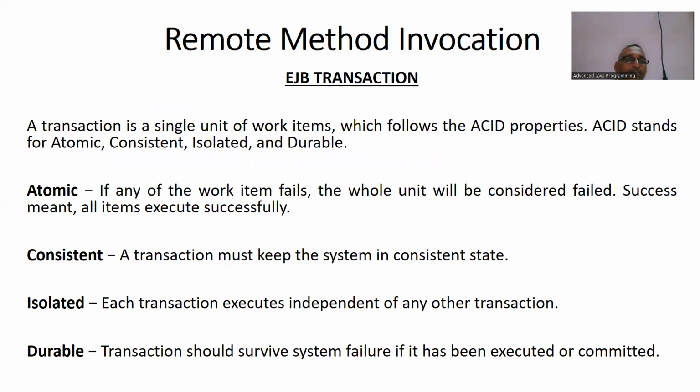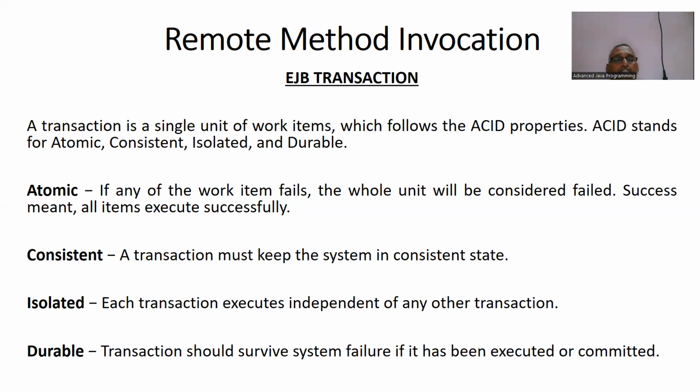Next, EJB transactions. A transaction is a single unit of work item which follows the ACID properties. ACID stands for atomic, consistent, isolated, and durable. Atomic means if any of the work items fails, the whole unit is considered failed; success means every item executes successfully.